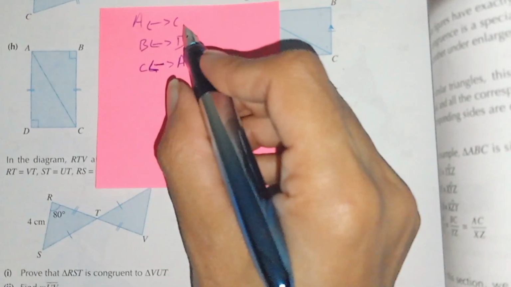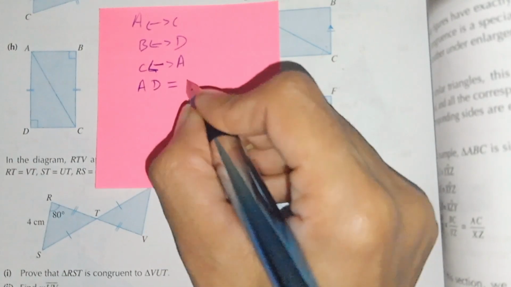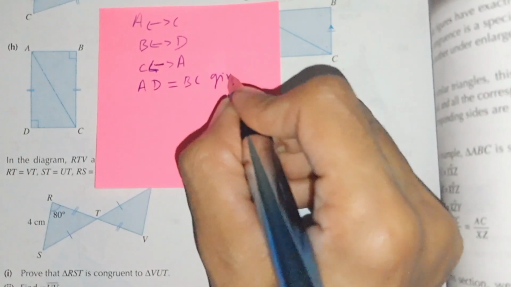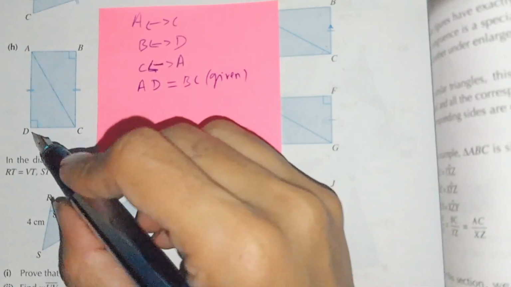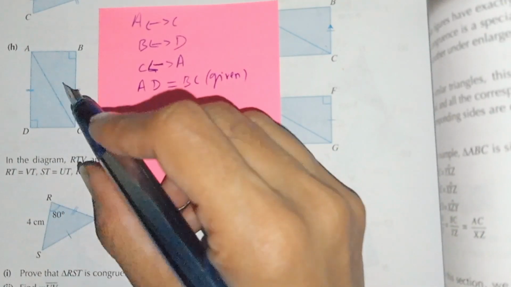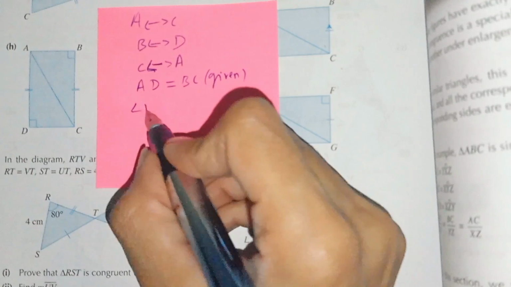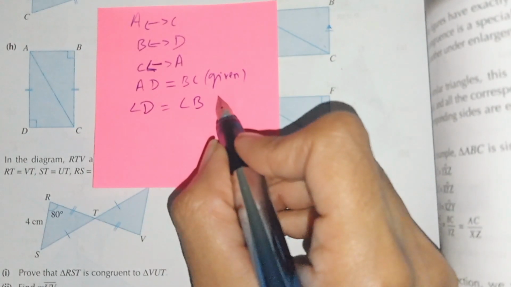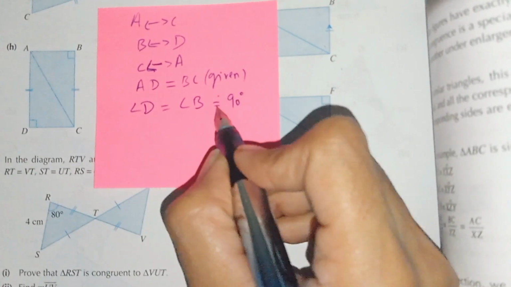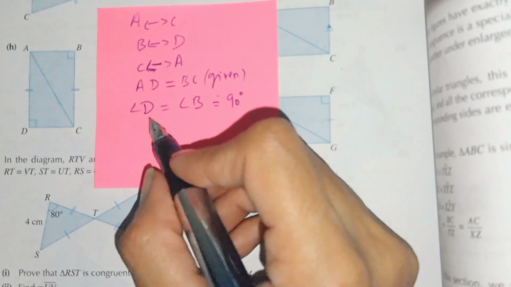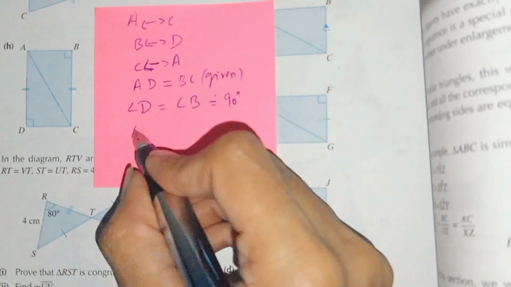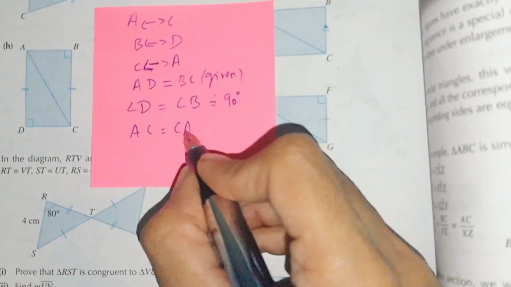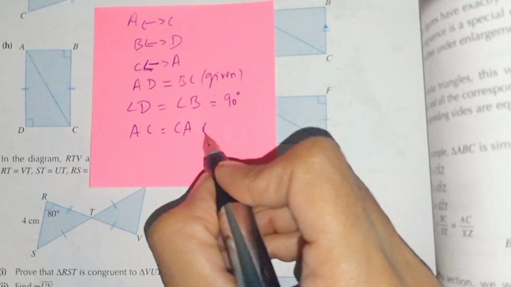Now the side AD is equal to side BC, that is given to us, and angle D is equal to angle B, because that is a 90-degree angle equal to a 90-degree angle, and the sides AC and CA both are common sides.